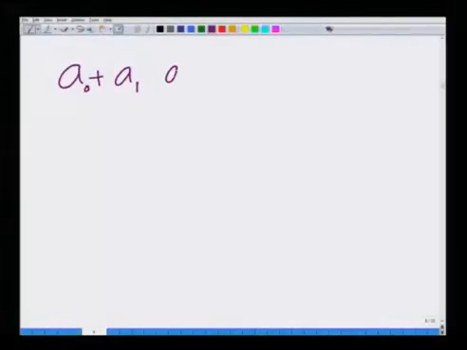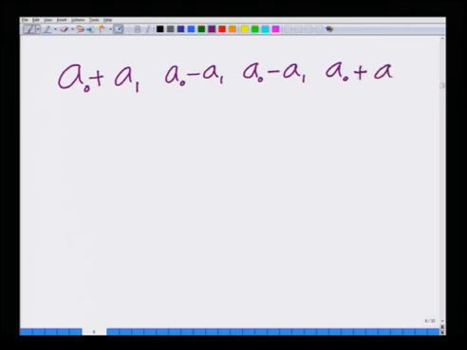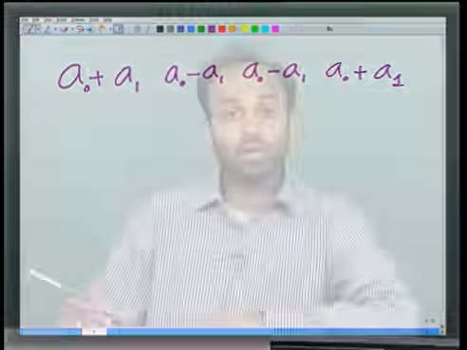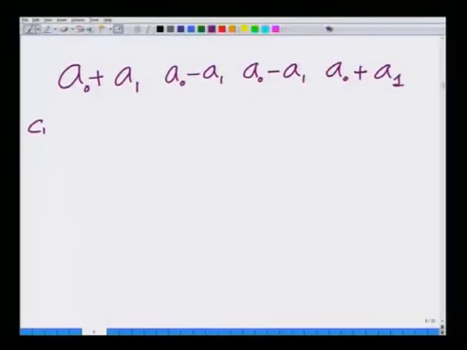I am taking the same signal, that is A0 + A1, A0 - A1, A0 - A1, A0 + A1. Now, at user 1 I will multiply it with his code C1, which is 1, -1, -1, 1.